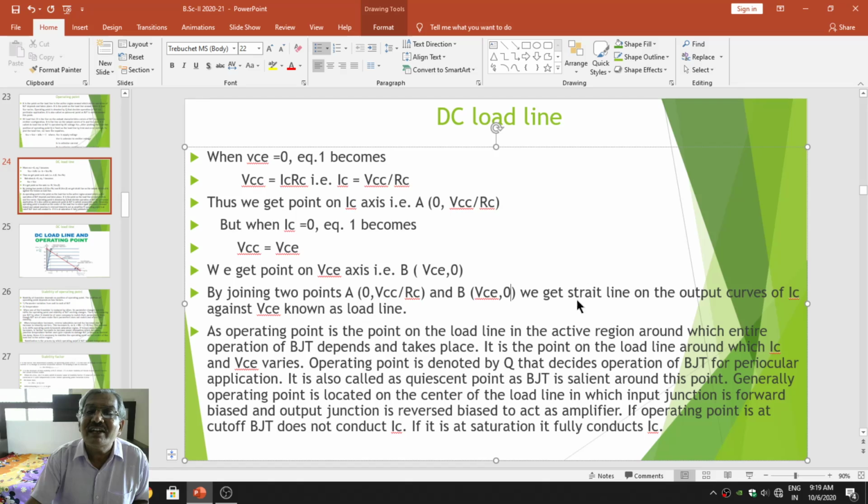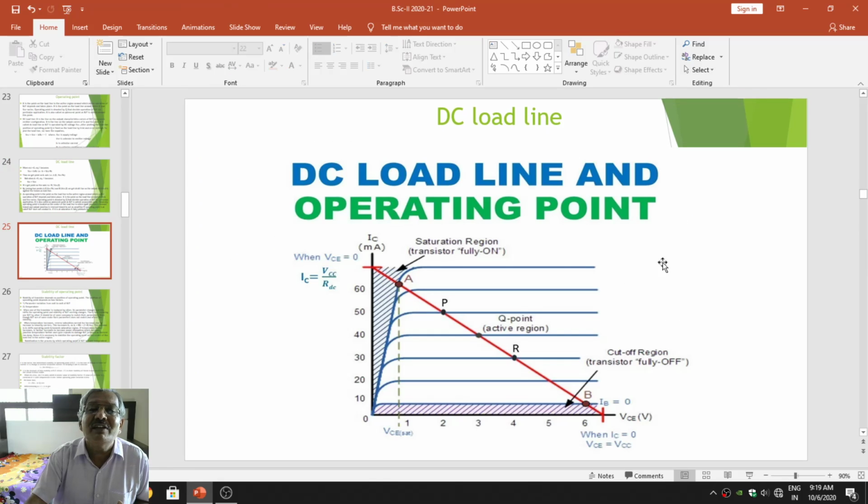We get a straight line on the output curves of IC against VCE, because by virtue of geometry, when we join 2 points, we definitely get a straight line, and this straight line is the load line on the output characteristic curve, which we are going to represent here.